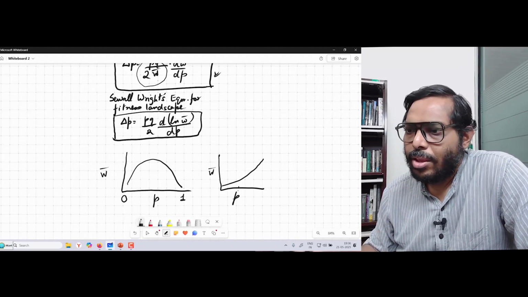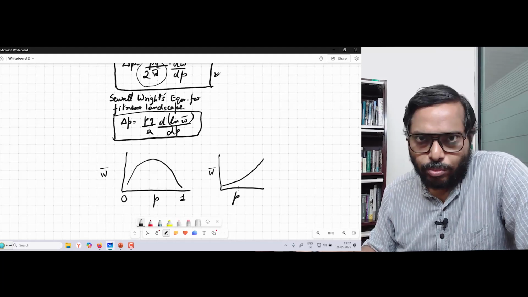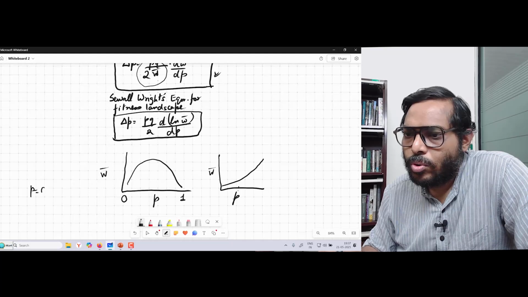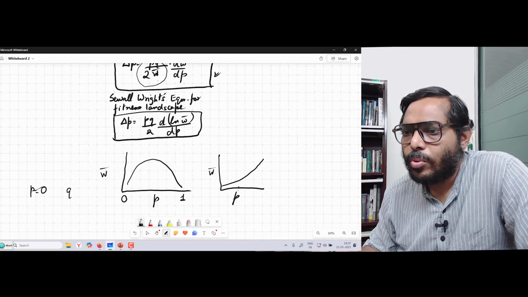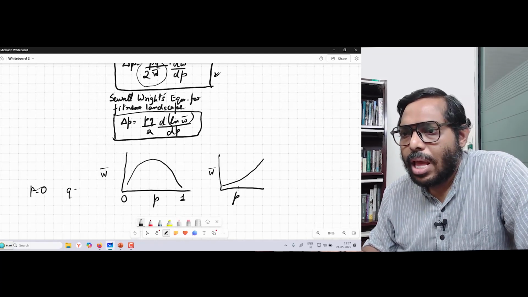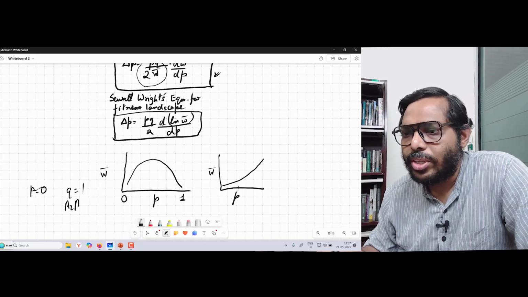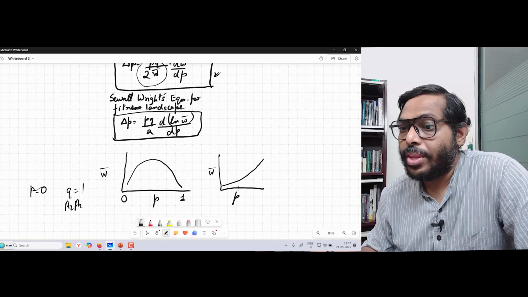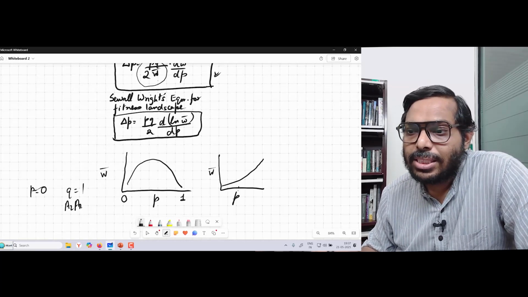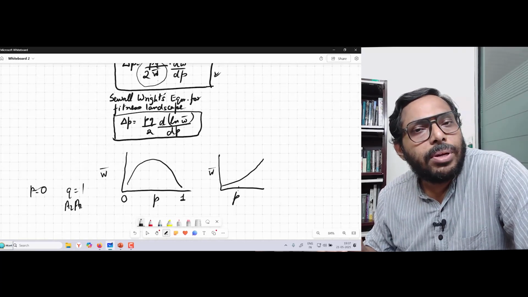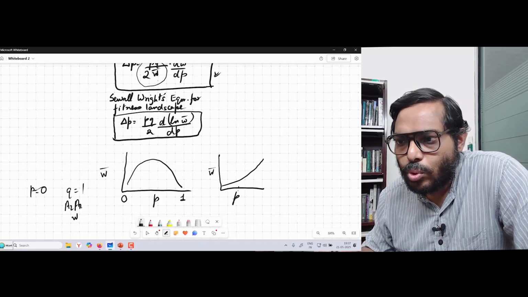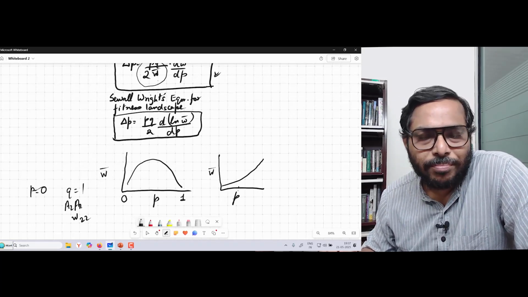When P is equal to 0, that means Q is equal to 1, which means the entire population is full of A2 individuals. There are no A1 individuals, there are no A1A2 individuals. So, at this point the average genotypic fitness of the population is basically just W22, because there are no other individuals.